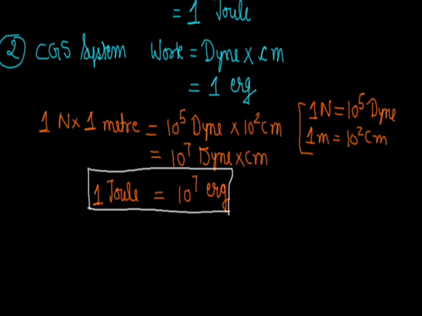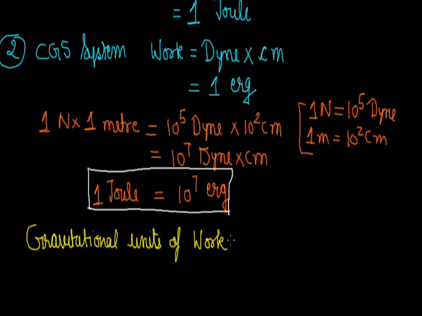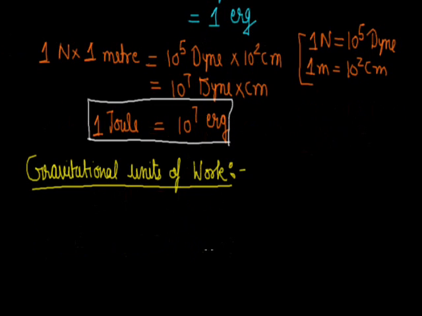Now next is gravitational units of work. Work is said to have a gravitational unit of work if unit gravitational force displaces the body through unit distance in the direction of force.